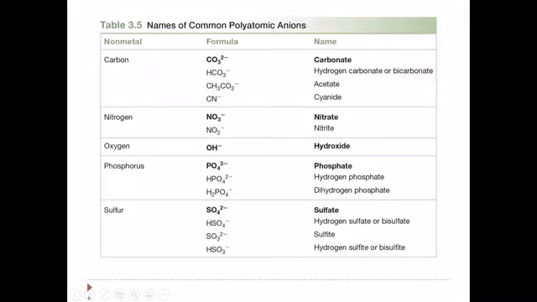But there are many different types of polyatomic ions, and so here's a shorter list. When I was in undergrad and college, I had to learn a whole list of them. I won't be as mean to you, so there's only certain ones that I hope that you know by the end of this course.